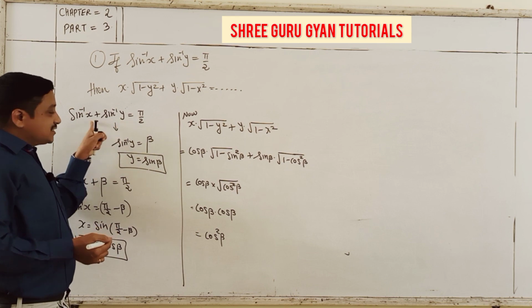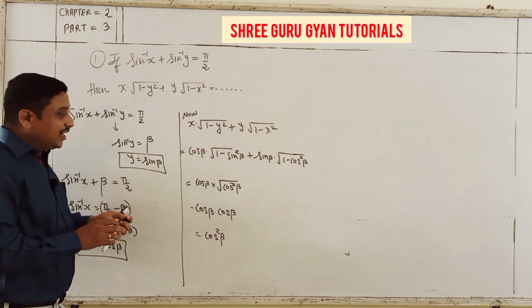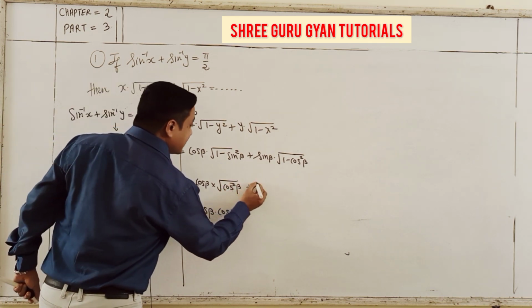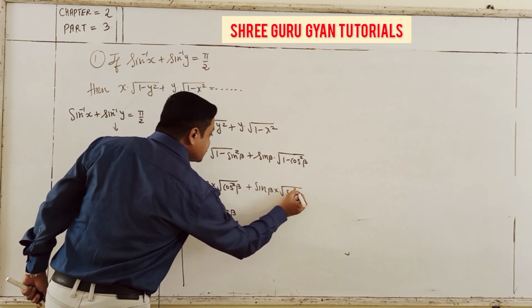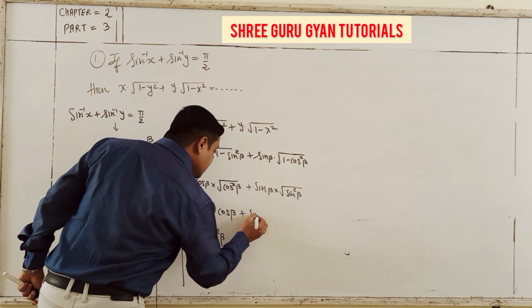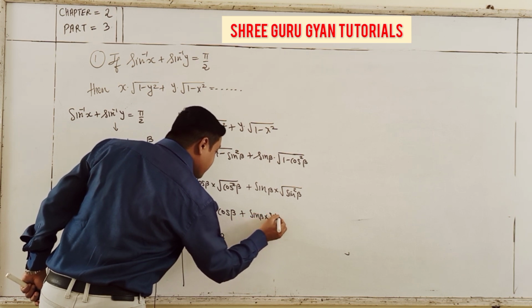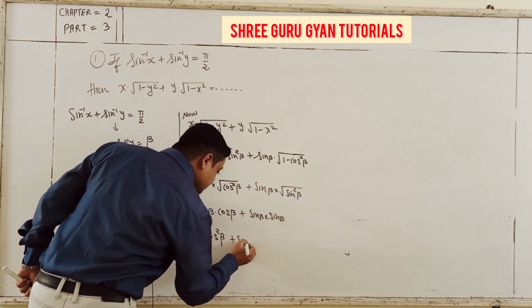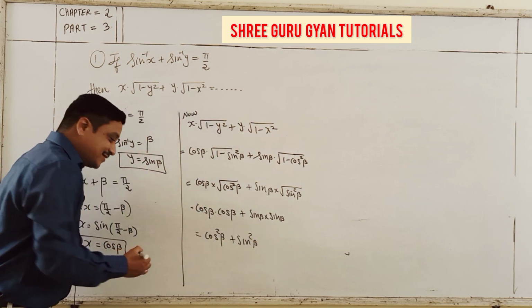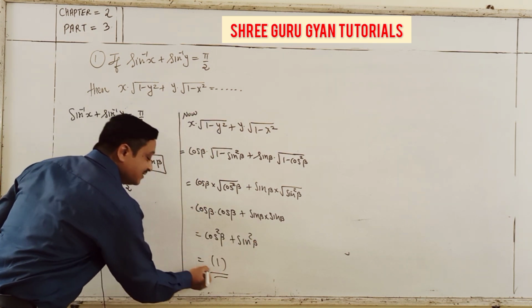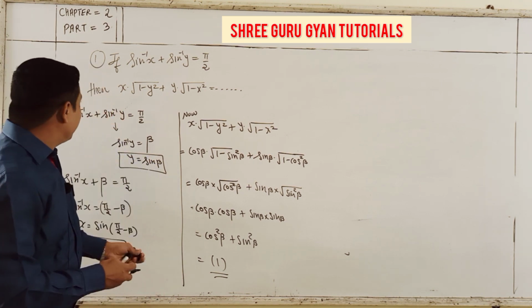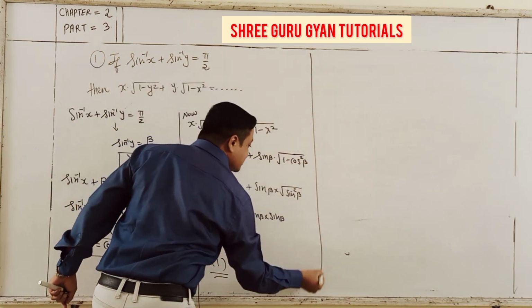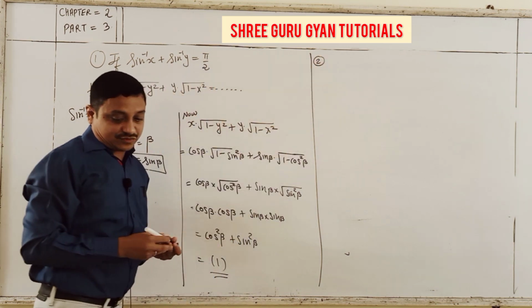Don't worry, students. Similarly here, sin beta under root sin square beta is only sin beta. So my answer is cos square beta plus sin square beta, which is universally one. That's how this solution is easily done in the first one.